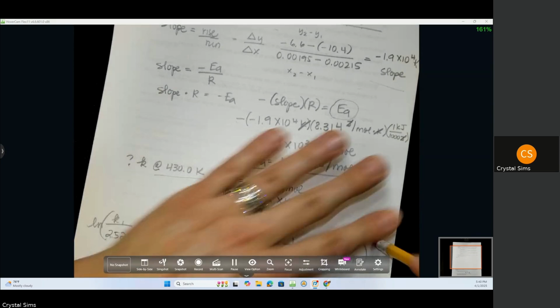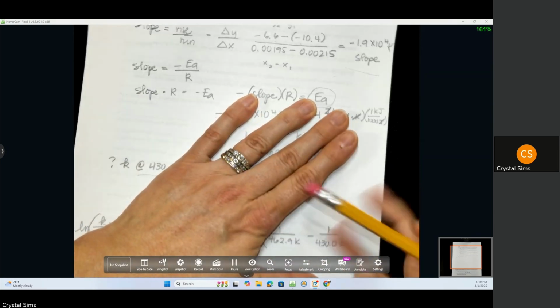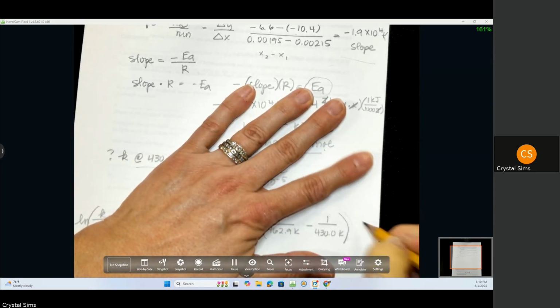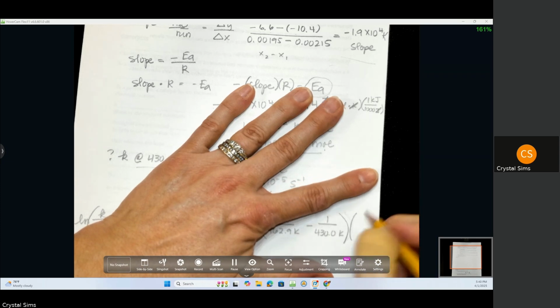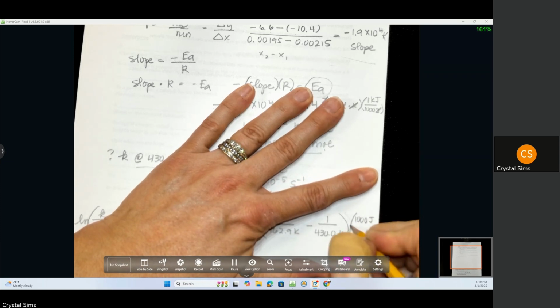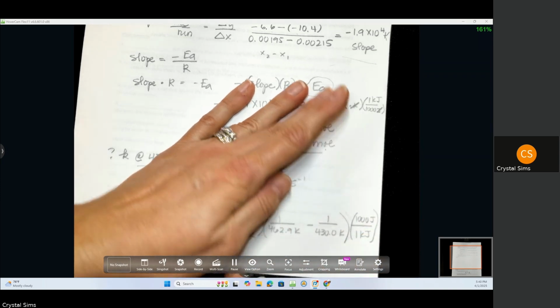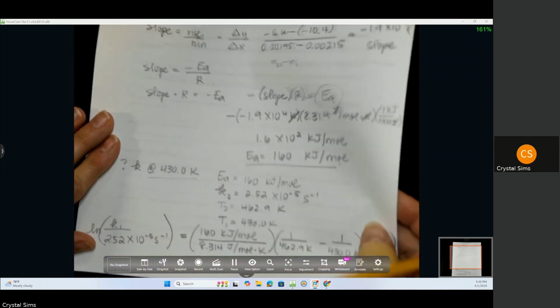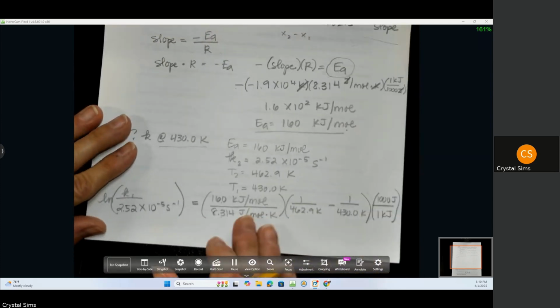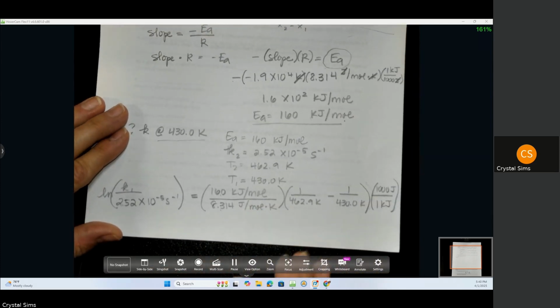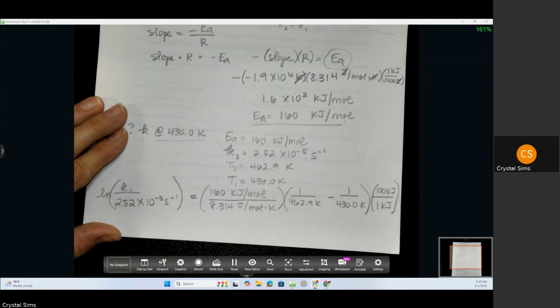So I need to include that in my equation as well. Okay, so let's put it in there. And so now we can get some things that are going to cancel out, and we can rearrange.